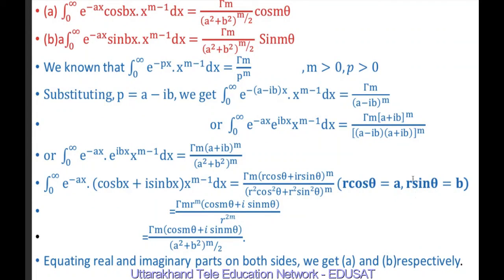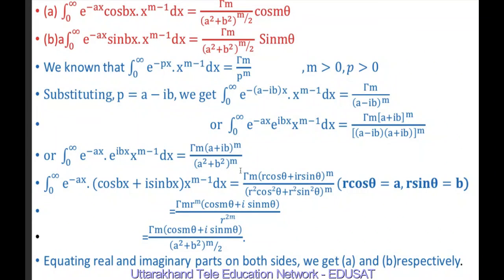So if we make use of this substitution, then it will be the integral from 0 to infinity of e raised to minus ax times e raised to iota bx, which is nothing but cos bx plus iota sin bx. We know that e raised to iota theta is cos theta plus iota sin theta. This is x raised to m minus 1 dx.